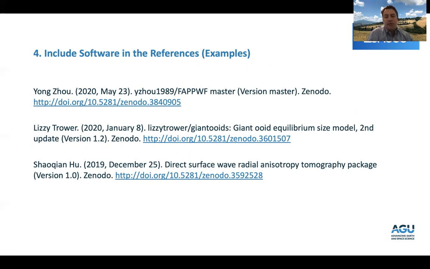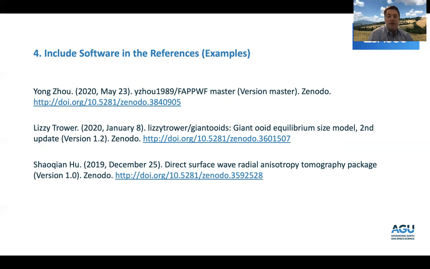In this case, the author names are correct, but the titles could use a little bit of help. At least for the first case, the title could use a little bit more context. And the use of master here is something to maybe avoid as far as inclusive language. A version number would have been more appropriate here as well. And then you have the persistent identifier, the source Zenodo, where the software is preserved.